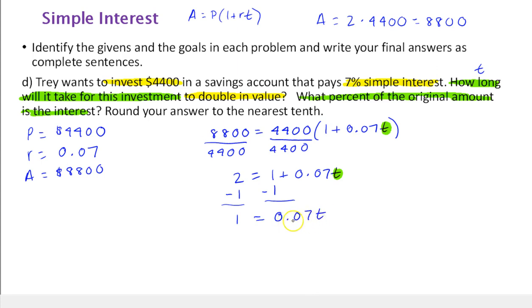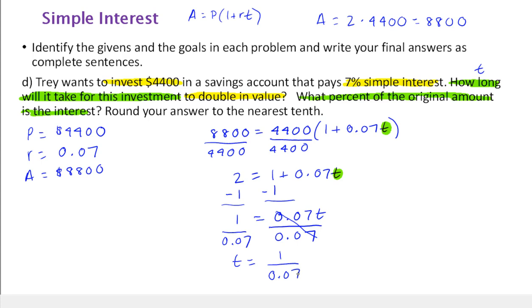And finally, when these are written next to each other, that means that it's implied multiplication, and to undo multiplication, we divide. So I'm going to divide by 0.07 on both sides. These cancel out to 1, and we'll have t equals 1 divided by 0.07.